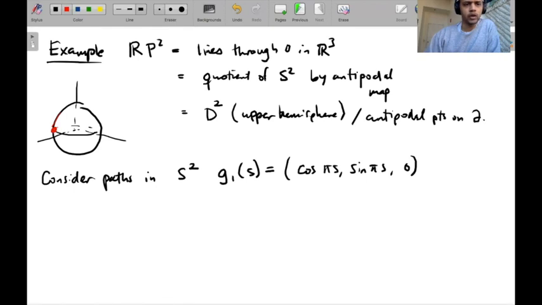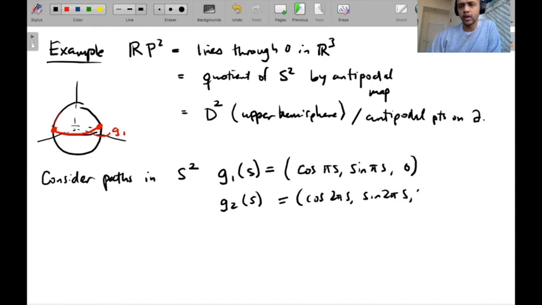So the way G1 looks, it starts here and then goes halfway around the circle. This is G1. And let's define G2 that goes all the way around. So cosine 2 pi s, sine 2 pi s, 0. These are defined on the unit interval.